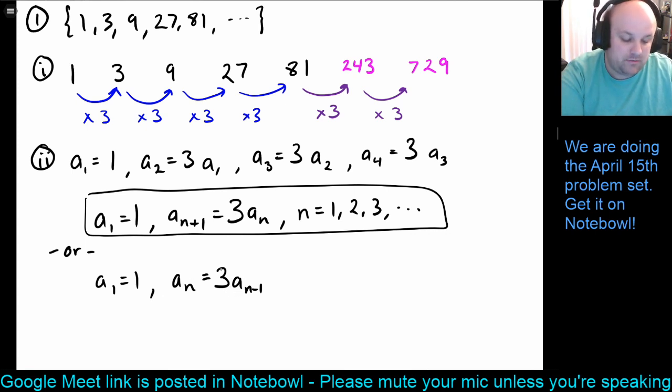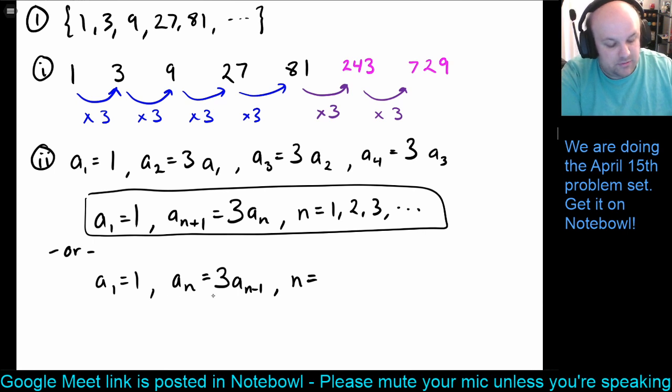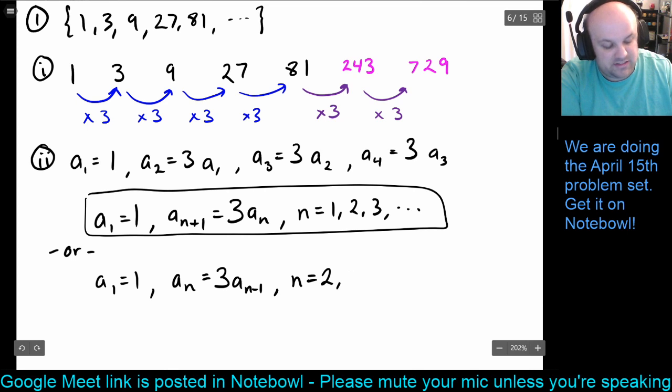So either way you want to write it down, either recurrence relation is perfectly fine. This could be n+4 and n+3 over here if you wanted. The only thing that really changes then is where n has to start. This recurrence relation will never give you the first term, so the smallest n I can put in here has to be 2. So in this one, n starts at 2. That's the only difference.